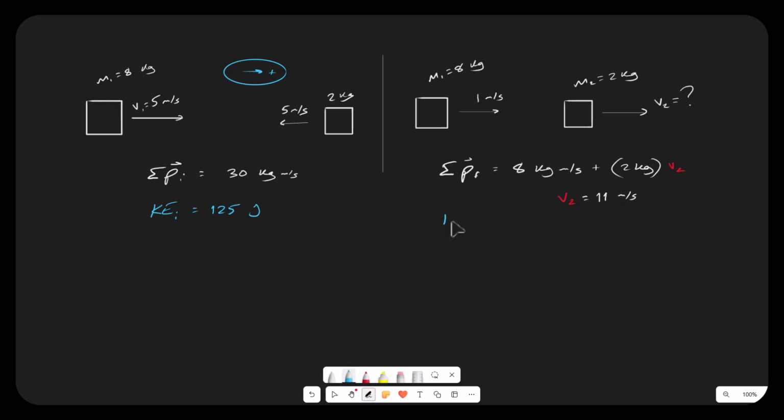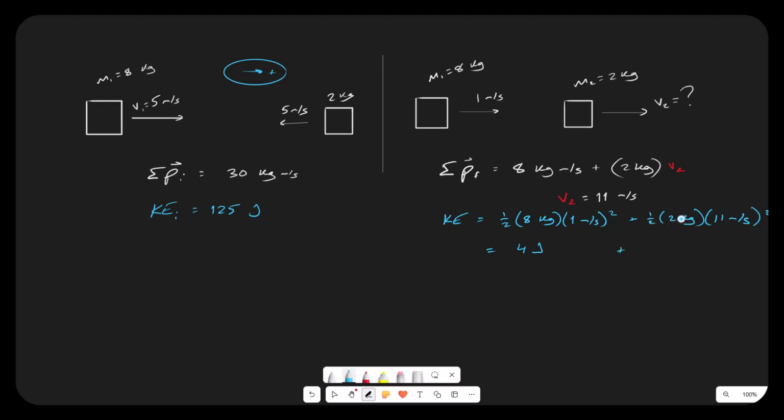Let's look at what happened to our energy. We're going to have here a half of 8 times 1 meter per second squared, plus a half of 2 times 11 meters per second squared. 8 times a half is 4 times 1 squared, that's 4 joules.